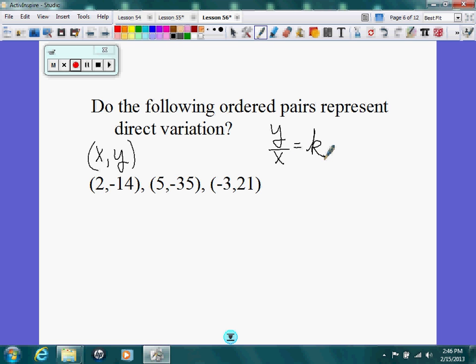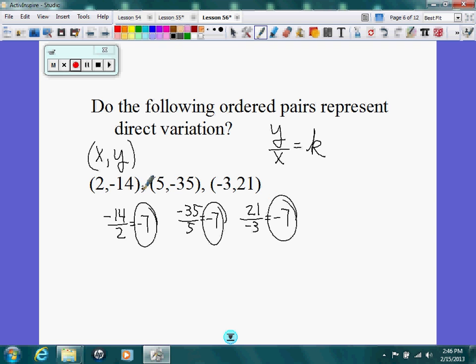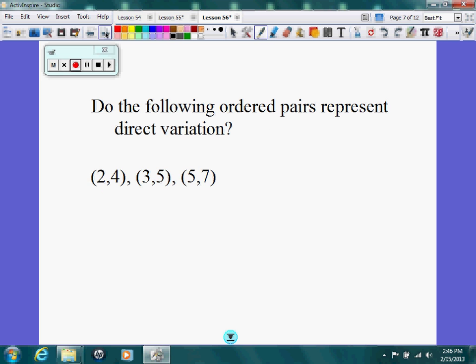So let's just put y over x: minus 14 over 2 is equal to minus 7. Let's do this one. Minus 35 over 5 equals minus 7. 21 over minus 3 equals minus 7. So all of these are equal to the same constant. So these points represent direct variation.